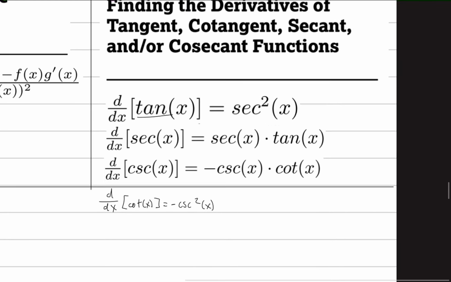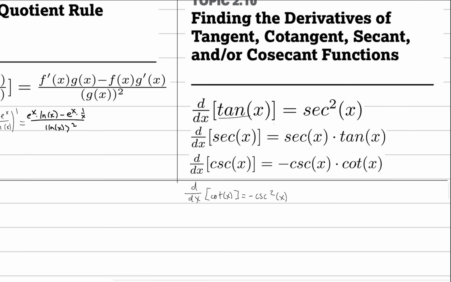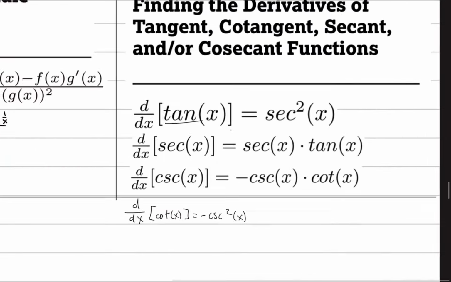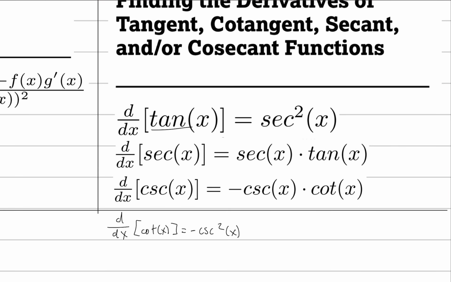And topic 2.10, finally, the derivative of all the other trig functions. Not much to explain here. You just need to know them cold, right? And also, maybe if this helps remember, tangent and cotangent are going to have secant and cosecant squared. Whenever there's a cosecant or cotangent, the sign is going to be minus in front. And for secant and cosecant, you're going to have the function times tangent, or for cosecant, you're going to have this function times cotangent, right?